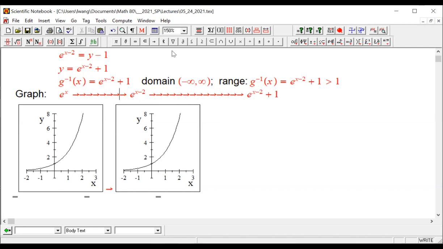So what is e to the power x minus 2? What kind of shifting is that? Is it shifting left or right or up or down? It's shifting to the right.